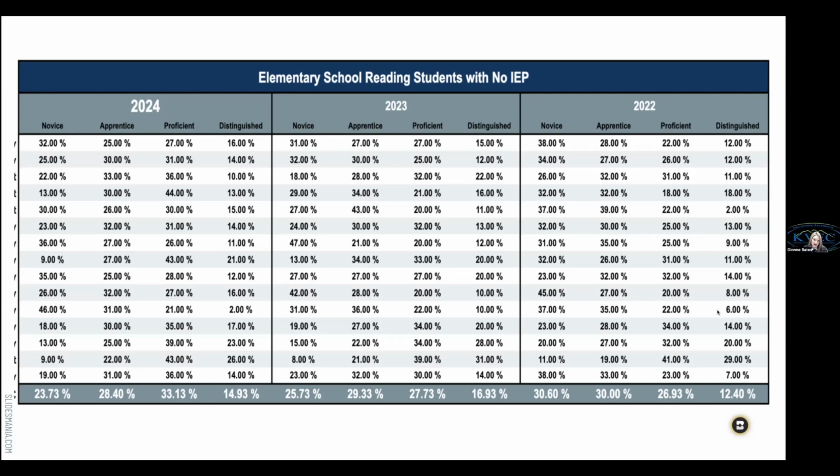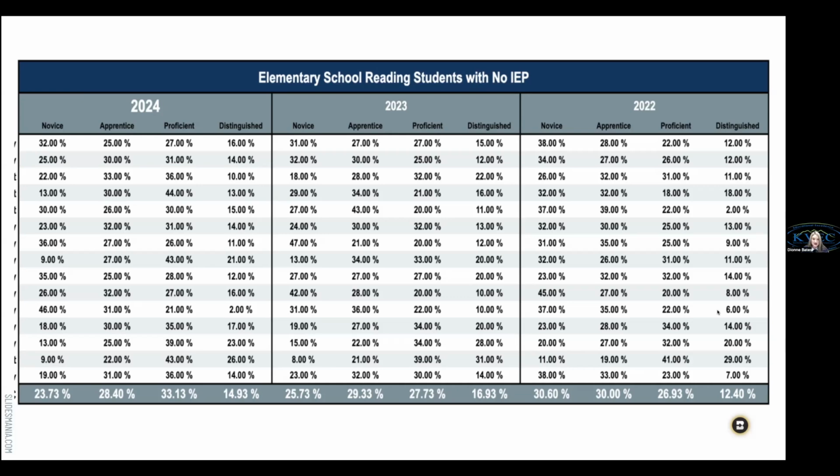One of the things that I would see is that we have seen a decrease in novice for our students with no IEP from the 23 to the 24 school year. So if you look at that gray line across the bottom, you'll notice that those are the totals. So we have decreased novice.